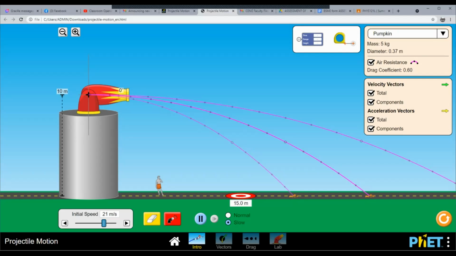Kasi sabi niyo magdi-decrease tayo. Nag-start tayo ng initial speed na 15 meter per second, and you would notice na lumampas pa din dun sa target. So anong gagawin natin sa speed? I-decrease natin. What's the most probable value of the speed na gusto nyong ilagay? 10 po. Sige, try natin yung 10. 10 meters.